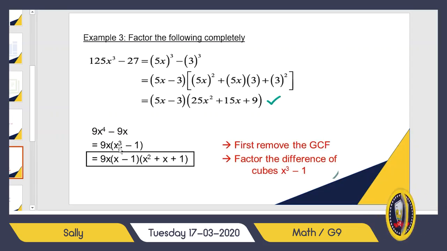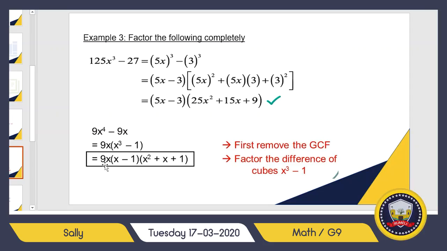And then I open a bracket, x to the power of 3 minus 1. Did you find out that x to the power of 3 minus 1 is a factoring of two cubes? So I will not leave it as it is. I have to solve it again. I have to make one more step, which is that this is a difference between two cubes.